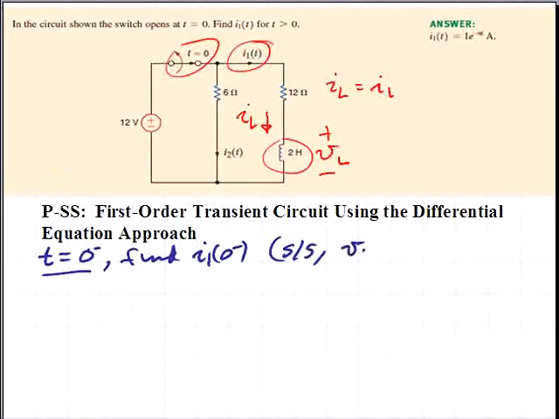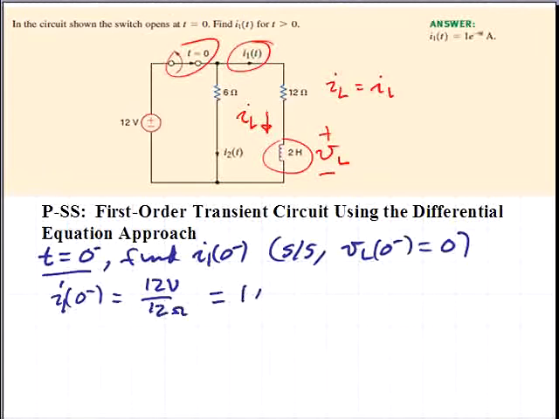the voltage across the inductor at 0 minus is equal to 0. So a DC type of analysis will give us that I1 of 0 minus will equal 12 volts divided by the 12 ohms in series with the inductor, and this is equal to 1 ampere.